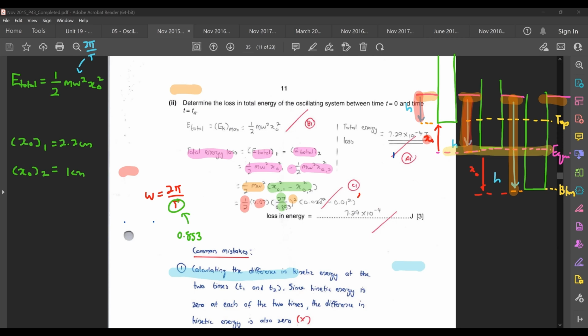So this one you have to remember to change it from centimeter to meter. So this one is 0.022 square minus 0.01 square. So your total energy loss eventually works out to 7.29 times 10 power minus 4 joules. Okay, so this is your working here.